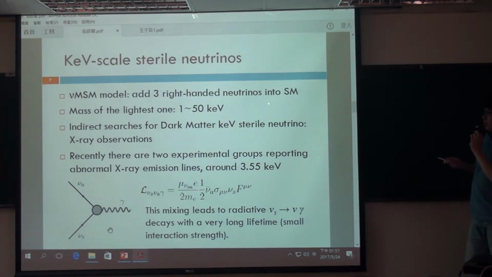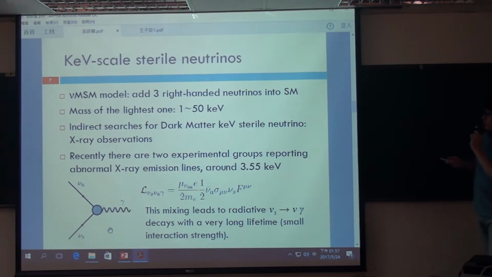For those models, for example the nuMSM, the lightest sterile neutrino is around this keV region. This region is determined by the current neutrino mass bound, by the seesaw effect. So we can set a bound on this sterile neutrino.